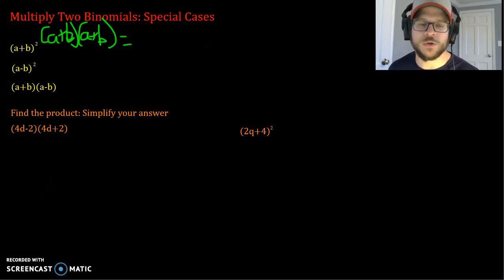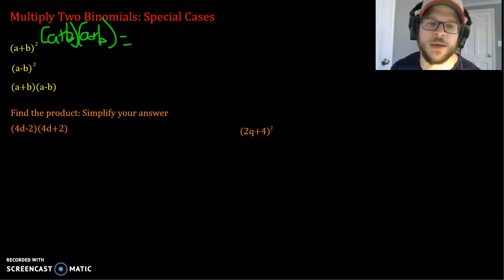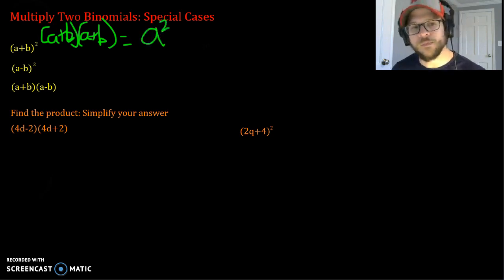So when you have two identical binomials that are being added together and they get multiplied, this is what you get. Your first term is squared. If it's an x, it becomes x squared. If it's 5y, it becomes 25y squared. Whatever the first term is, you just square it.